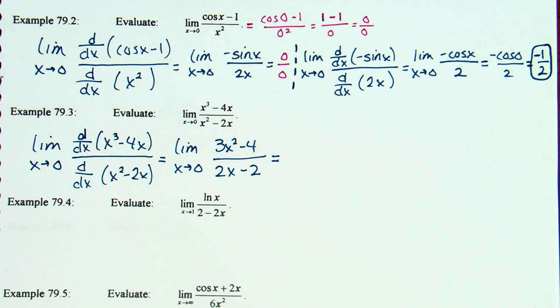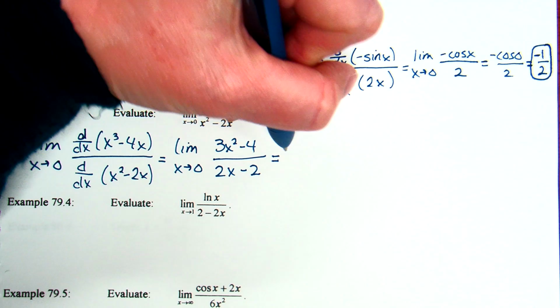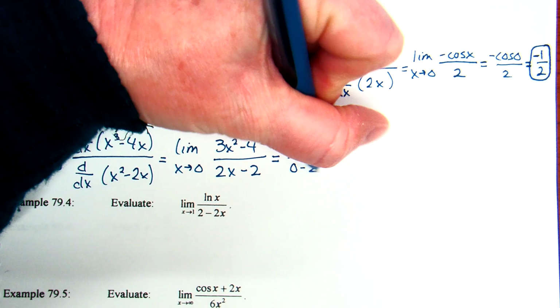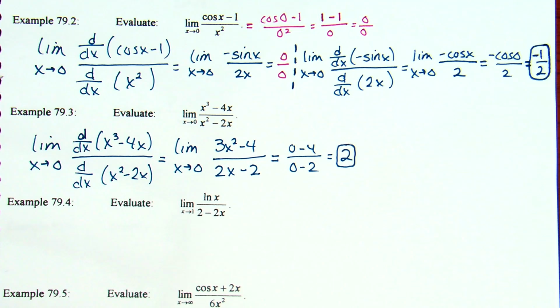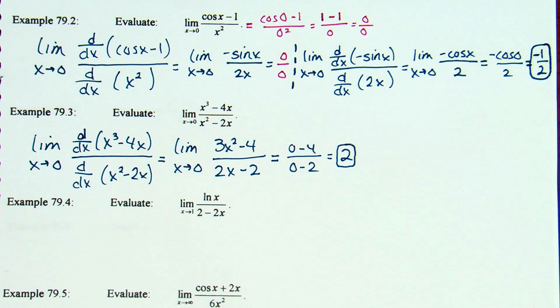Okay, did you guys finish this one? You put in 0. 0 minus 4 over 0 minus 2, which is 2.